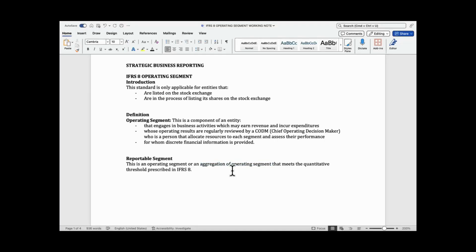Secondly, when you aggregate or you see them as one, they can only be a reportable segment if they meet the quantitative threshold. That's the second question we need to answer. What is that quantitative threshold? So let's quickly settle those two one by one. First is aggregation of operating segments.